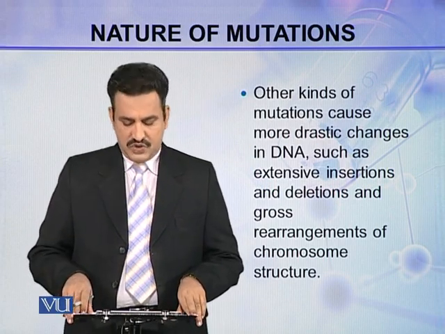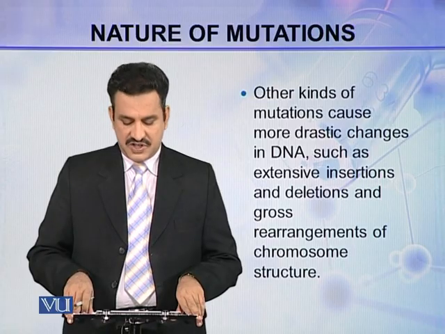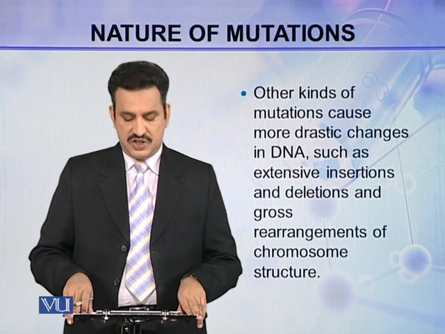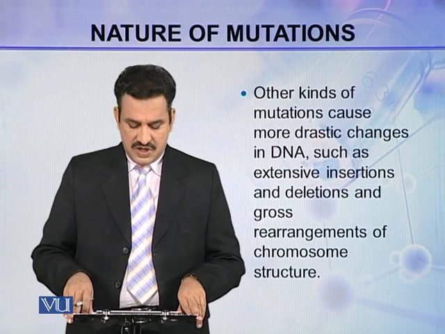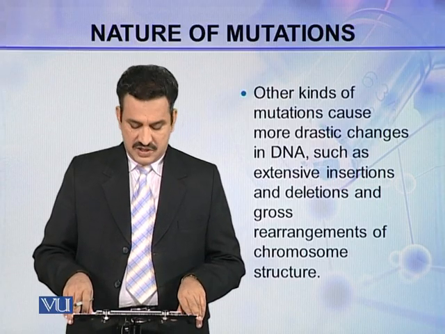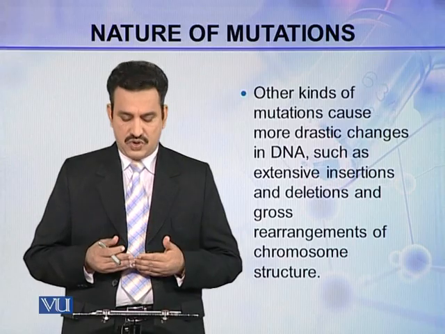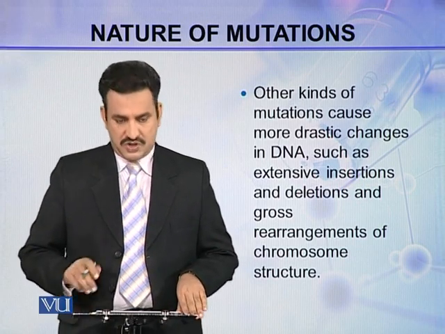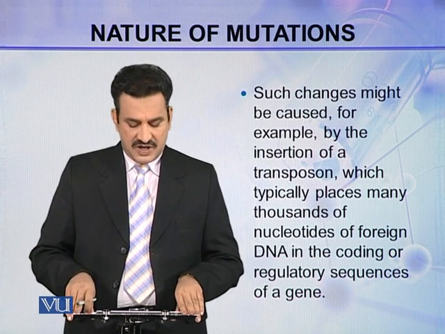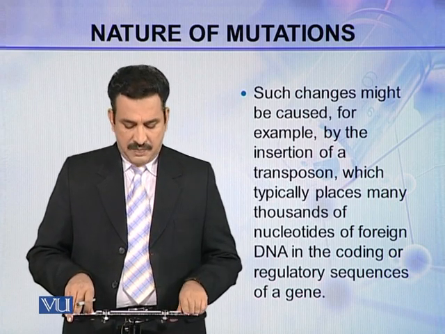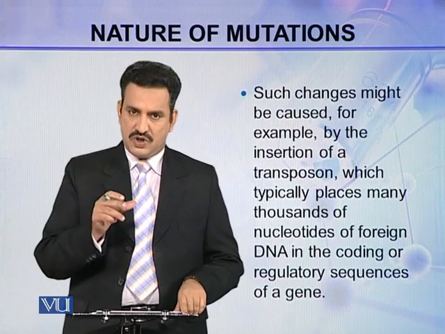Other kinds of mutations cause more drastic changes in the DNA, such as extensive insertions and deletions and gross rearrangements of the chromosome structures. Such changes might be caused, for example, by the insertion of a transposon.